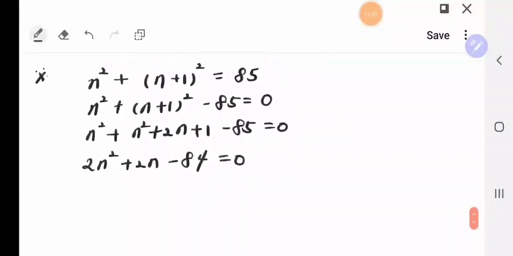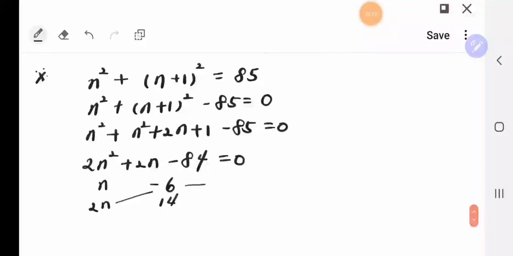So now the equation contains a trinomial. So let's use factoring using our combination method. So 2n squared is equal to n times 2n. And 84 is, okay, let's try 6 times 14. 6 times 14 makes 84. And the product has to be negative, so why don't we put the negative sign on 6?